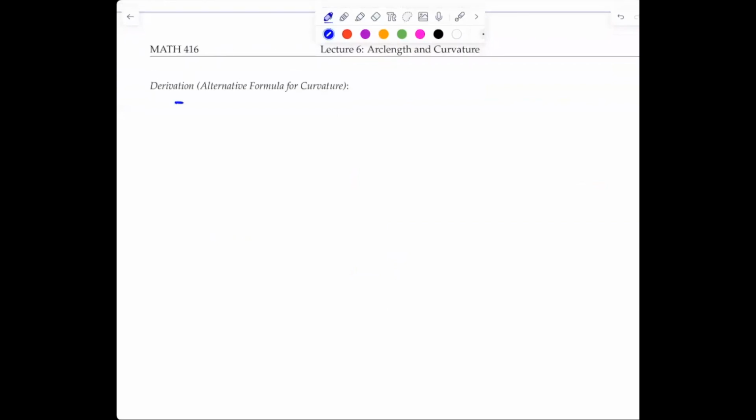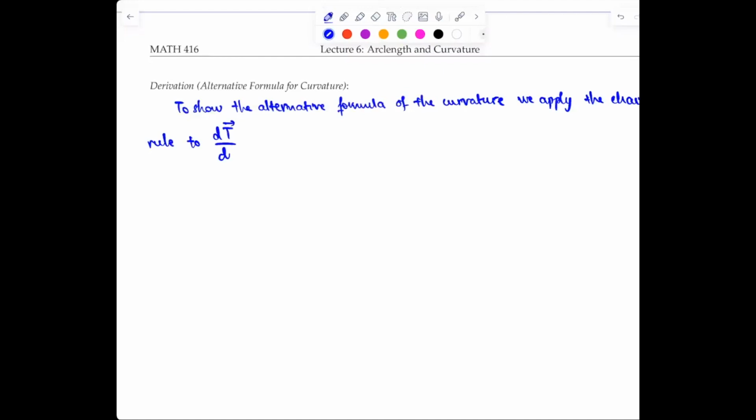So to show the alternative formula of the curvature, we apply the chain rule to dT/ds.